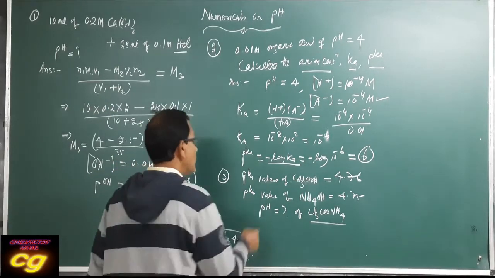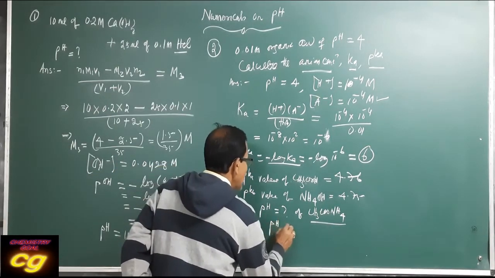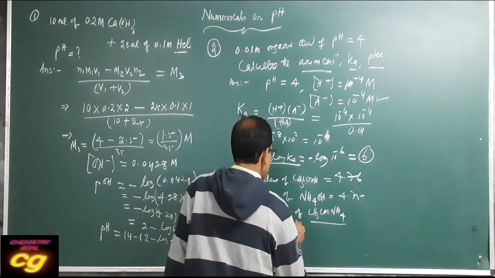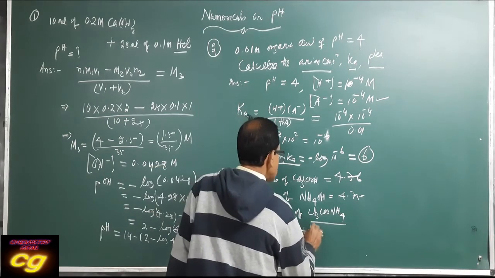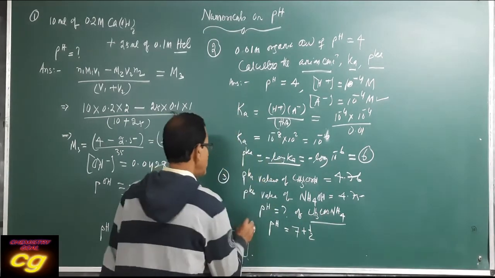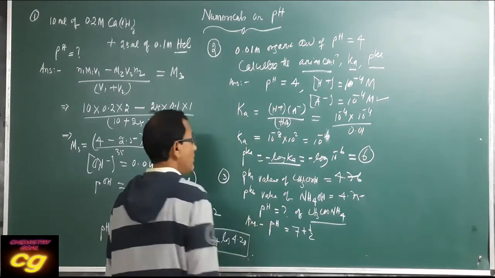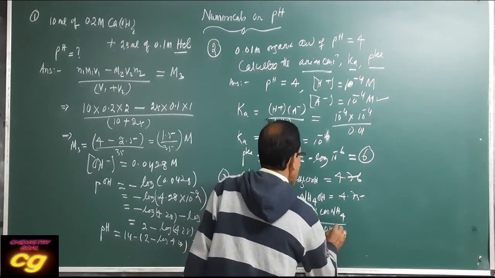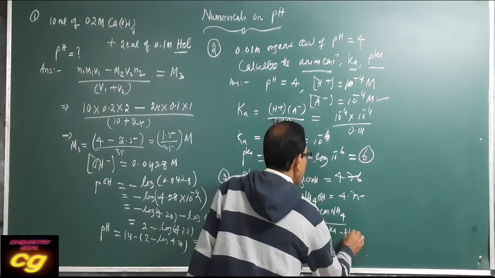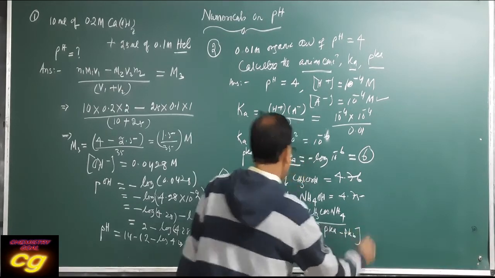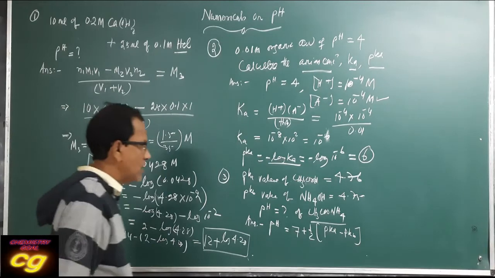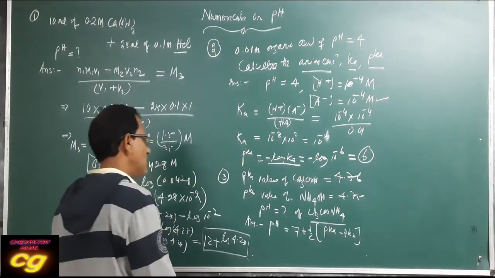Already we have discussed in the previous class that pH is equal to how much? pH is equal to 7 plus half into pKa minus pKb. This is the pH calculation for a salt of weak acid and weak base: 7 plus half pKa minus pKb.